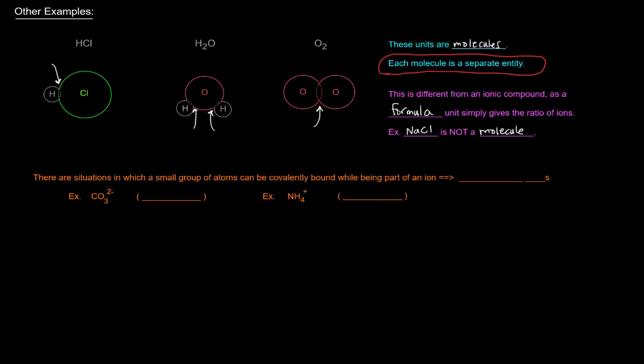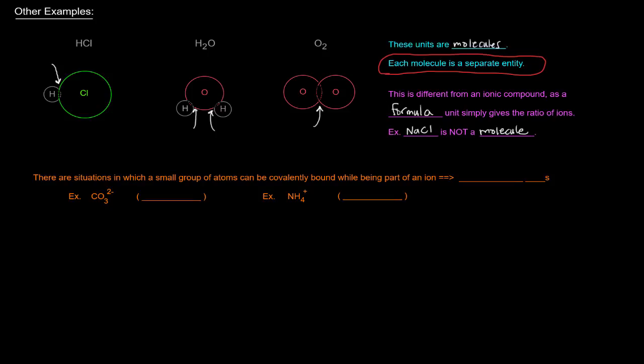NaCl just tells you that if you have a sample of sodium chloride, for every 1 sodium ion you have 1 chloride ion, right? It's not necessarily that you have just 1 sodium ion and 1 chloride ion. Whereas with molecules, this is just 1 molecule, right? O2, that's 2 oxygen atoms bound, and that is a separate entity from any other O2 molecule. Okay, I hope that makes sense.